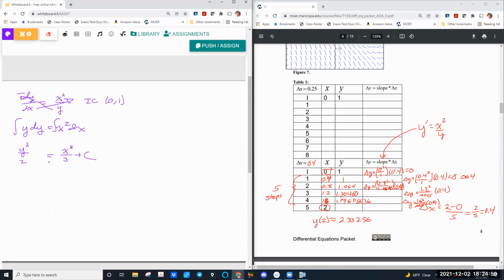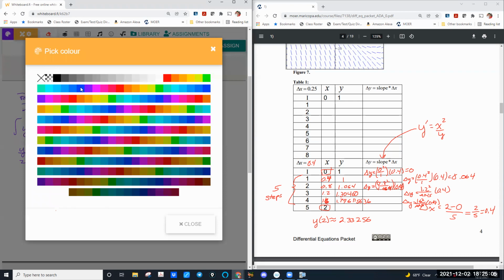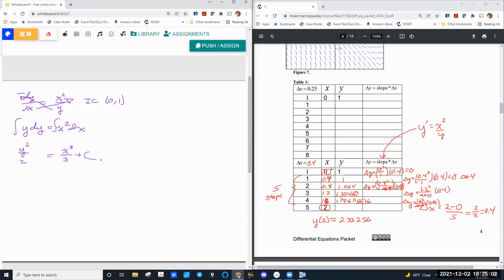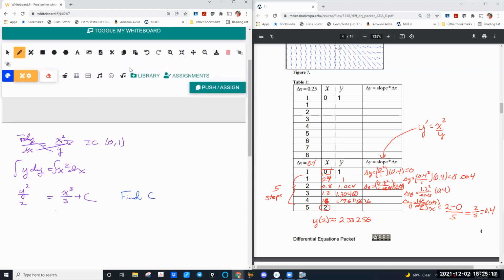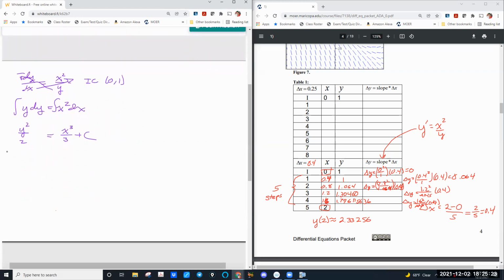We could find c right now if we want to. Let's make it a kind of separate step.